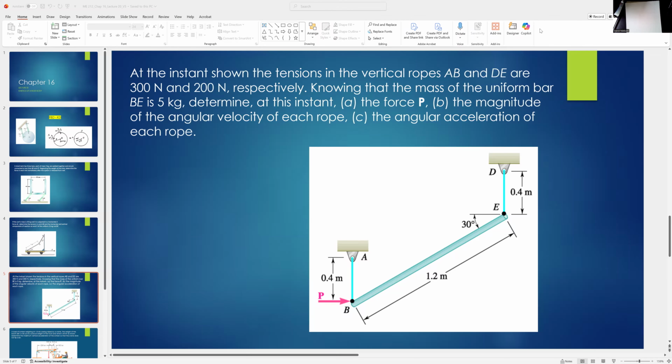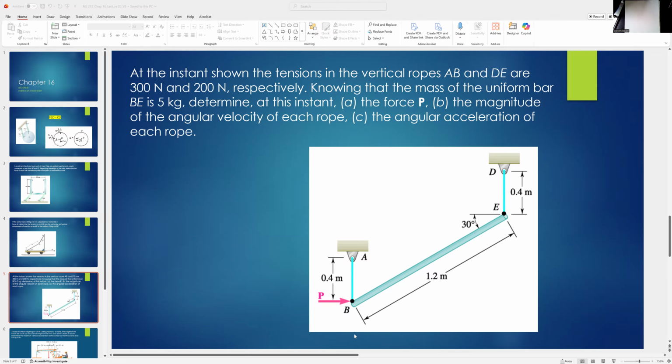Okay, so here's another question. Now, here we have a link, BE, that's hanging. It has a mass of 5 kilograms, 1.2 meters long. And we're told the angle it hangs at, and we're told that it hangs by AB and DE.